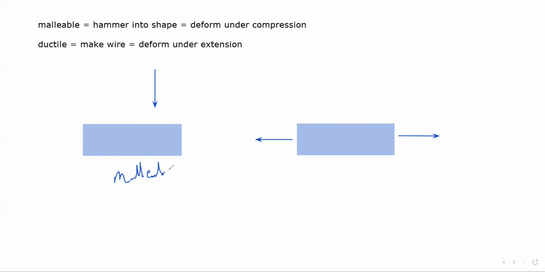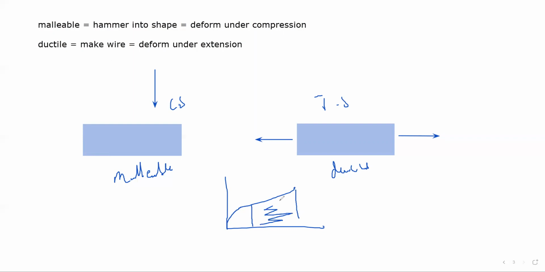Both deform under force, but one has a compressive stress, and here we have a tensile stress. And in the graph, there will be a larger plastic region, so we can identify which is better to make wires and which material is good for malleable.